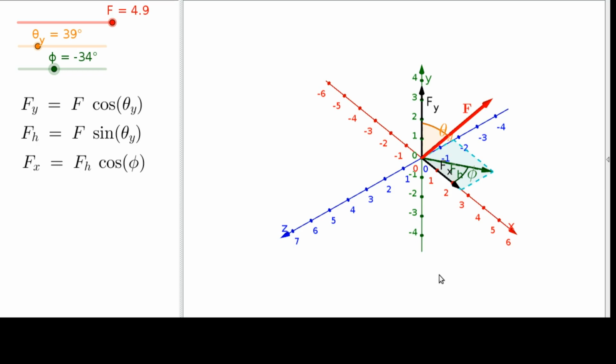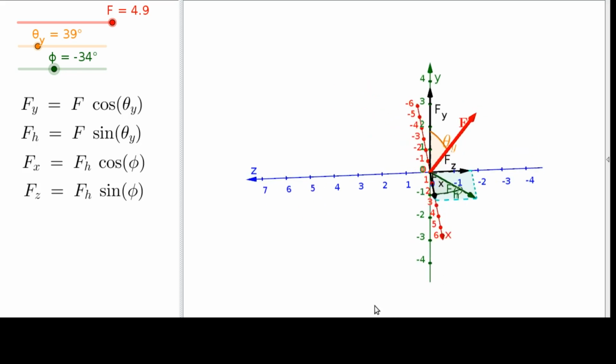So this Fx is really the projection of our FH vector onto the x-axis. And we can project with the cosine of this angle phi. And likewise, we've got the opposite side here, and we can draw that to calculate our Fx vector, or Fz vector.